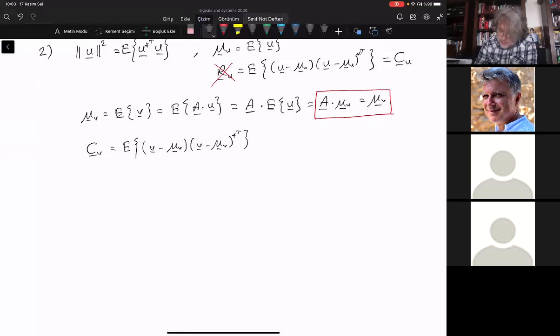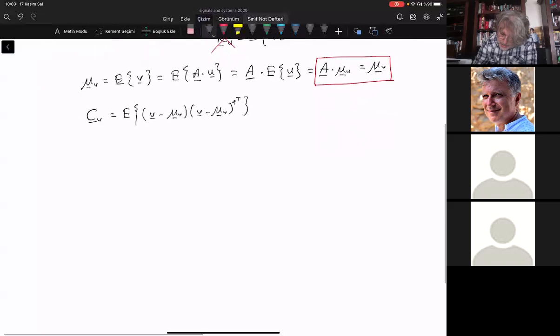This is the autocovariance, and that is equal to expected value A times U minus A times mu U, because I know that mu V is equal to A times mu U. I just found it at the top. And the conjugate transpose of it, A times U minus A times mu U, altogether conjugate transpose in an expected value.